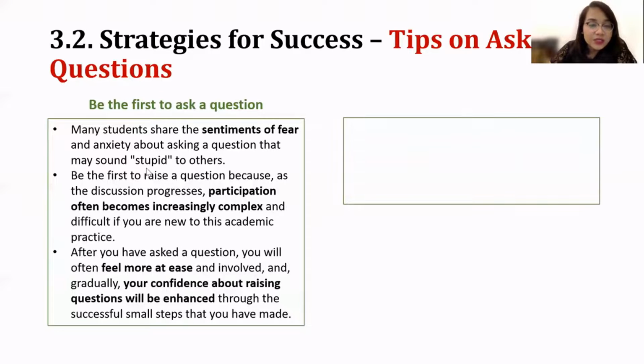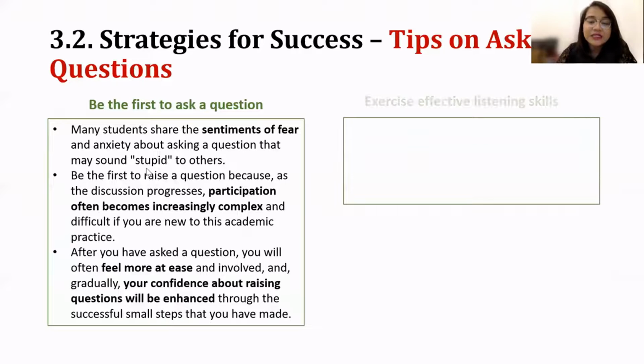After you have asked a question, you will often feel more at ease and involved, and gradually your confidence about raising questions will be enhanced through the successful small steps that you have made. The first step will sound scary, but gradually you will gain more confidence. Just give it a try.